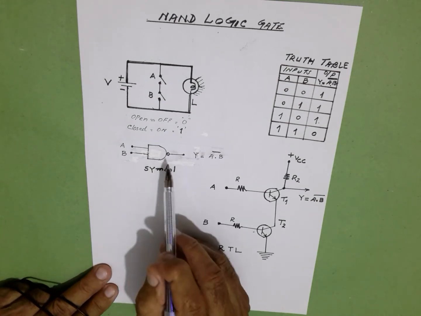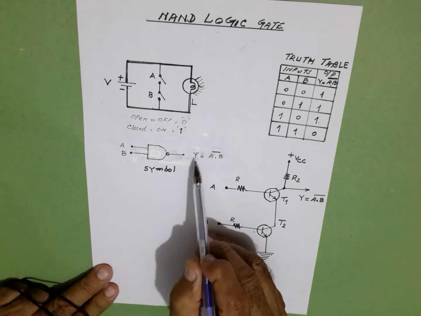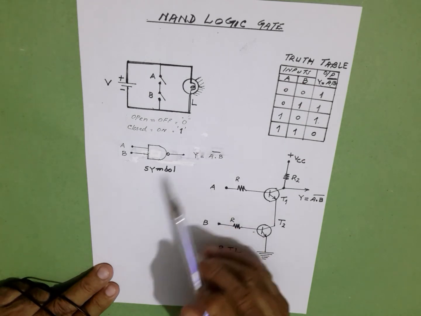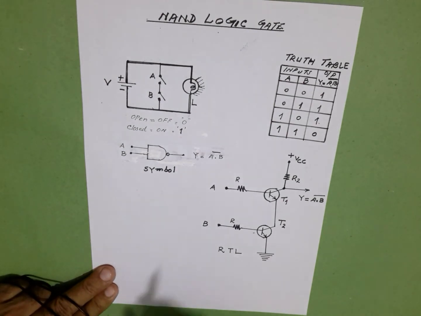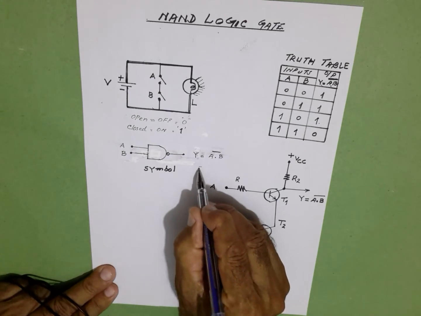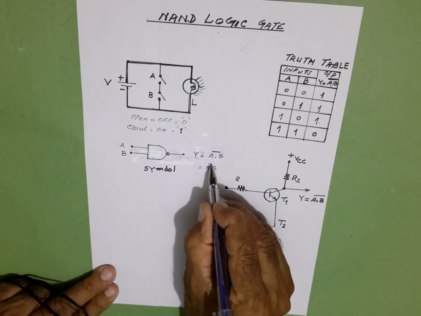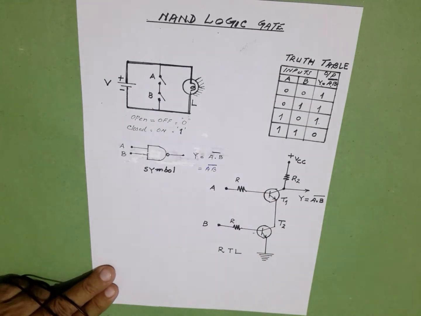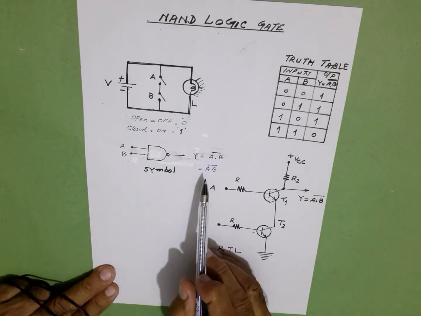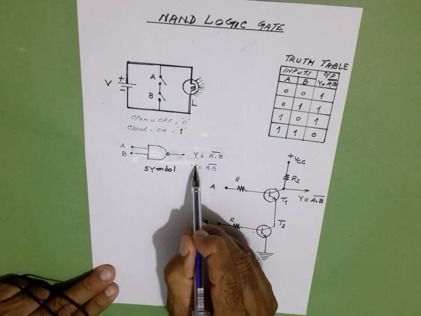That represents the symbol for the NAND gate, and the Boolean expression for the NAND gate is Y equals A dot B whole bar, and we can omit the dot, so this can be simply written as Y equals AB whole bar, or we can say A is NANDed with B and the output is Y. That is the Boolean expression.